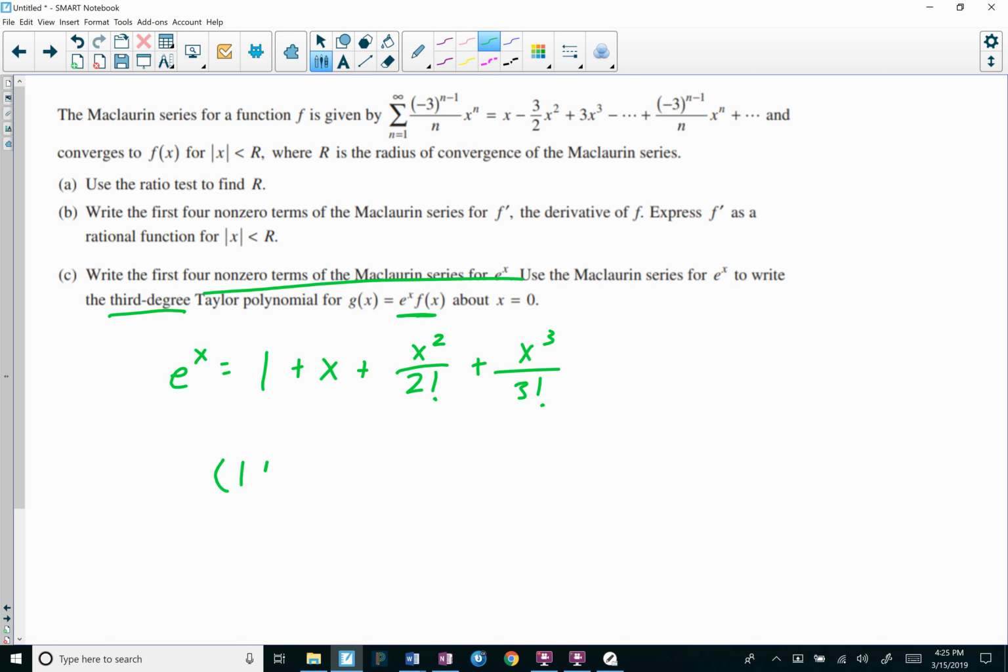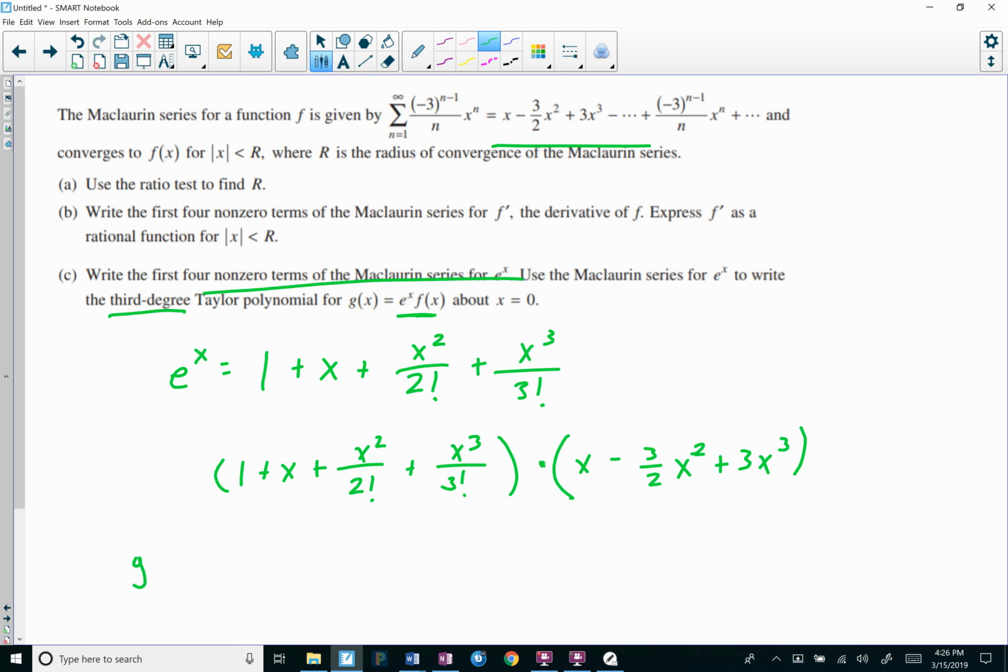So if e to the x is all that, times f of x, which we already have. I'm only going to write a few terms because it's only asking for a third degree. I'm going to FOIL.